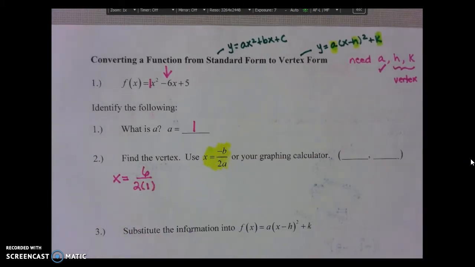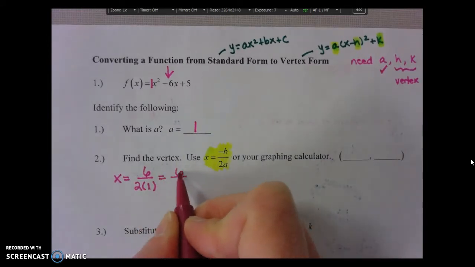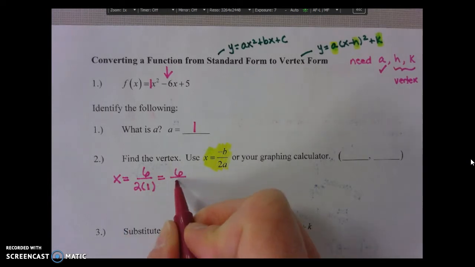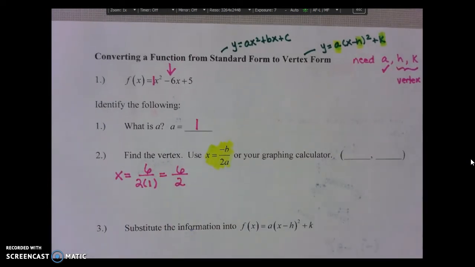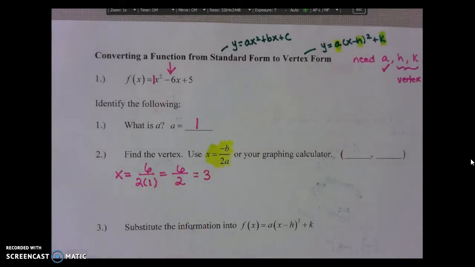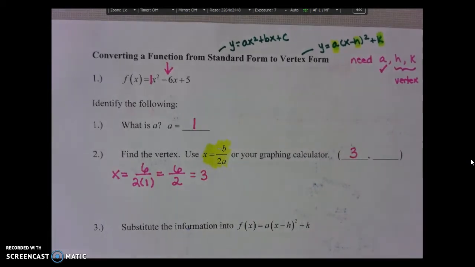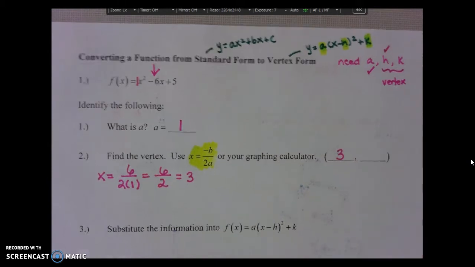We're well on our way. Order of operations means I've got to deal with the multiplication on the bottom before I can divide, since we are in fraction form. And 6 divided by 2 is 3. Well, you already know half your vertex. So we've just found H.